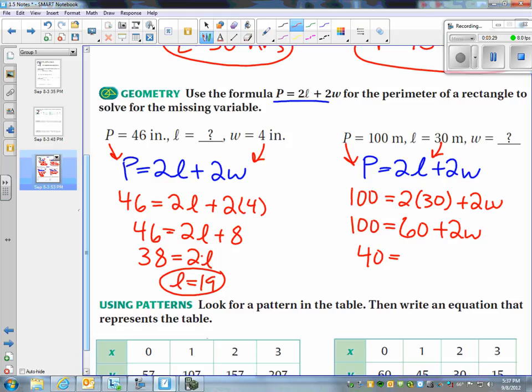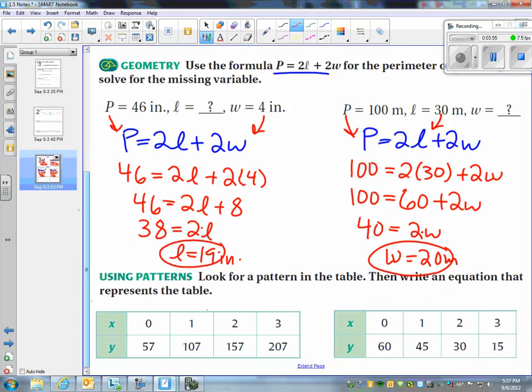Move the 60 over by subtracting. Divide by 2 since that's multiplying. And our width on this problem would be 20 meters. And here it was inches. That's it. That's filling in your equation. As far as formulas go, that's all we have to do.